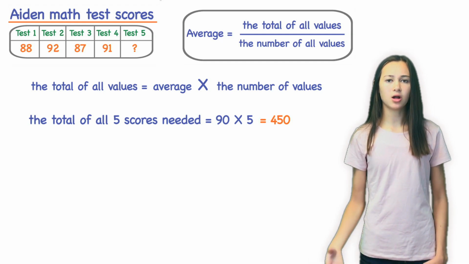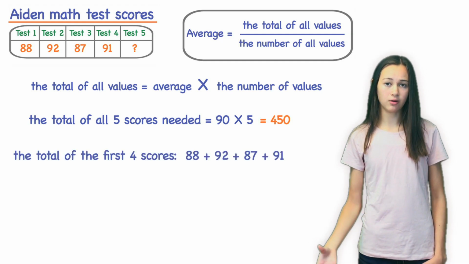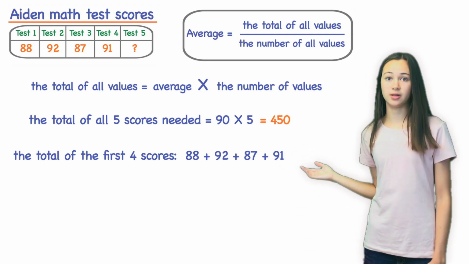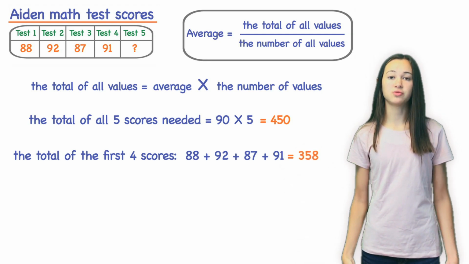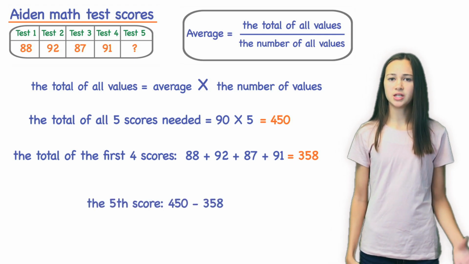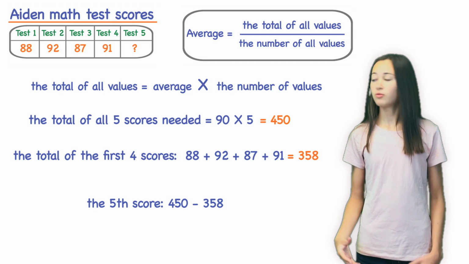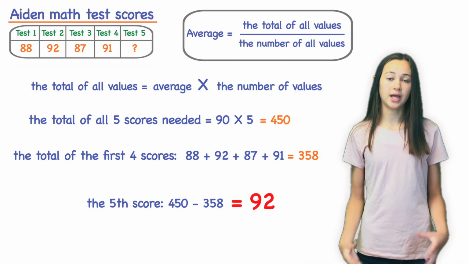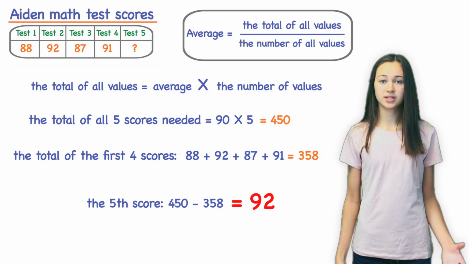If we add up all his test scores that he has right now, it would be 88 plus 92 plus 87 plus 91, which equals 358. And he needs 450, so we subtract 358 from 450, which equals 92. So Aiden needs to score 92 on his 5th test.